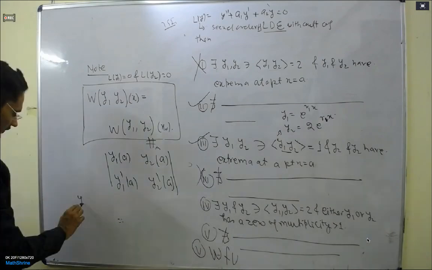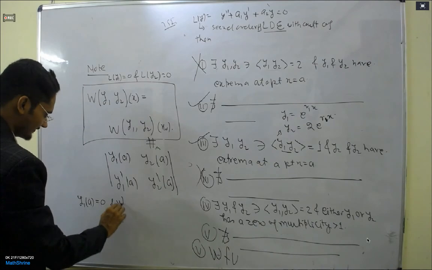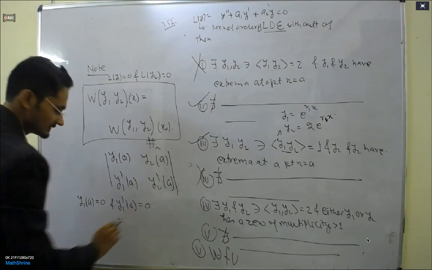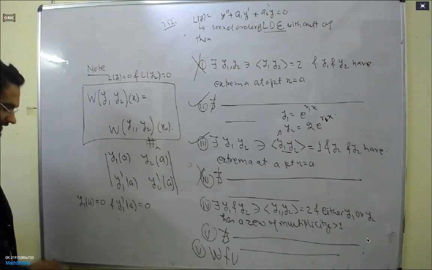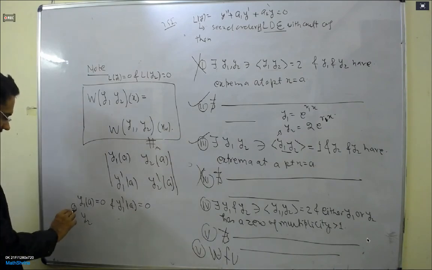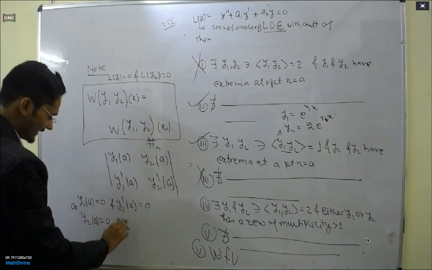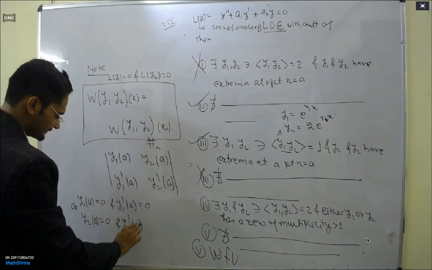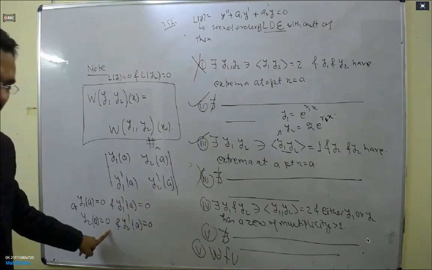Out of these two, this and this both will force, if this is 0, see the first column 0, second column 0, this is 0. In both cases, the determinant is 0, the Wronskian is 0, meaning that y1 and y2 are dependent. Once y1 and y2 are dependent, the dimension cannot be 2. So this is not possible.